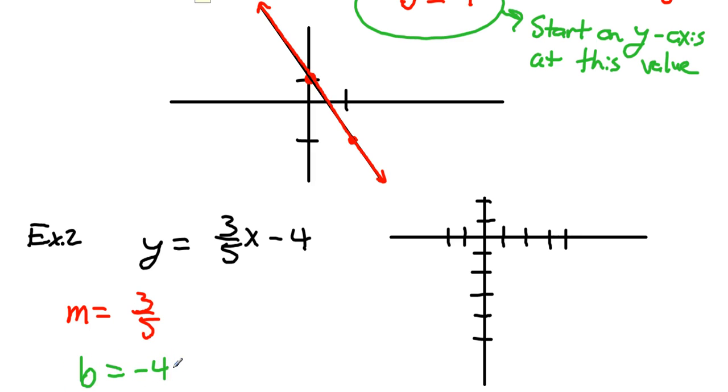Okay, so again, with the b value negative 4, we're going to start at negative 4, which would be right there. And from that point, you're going to go up 3, so up 1, 2, 3, and over 1, 2, 3, 4. Oh, need one more there, which would be right there.